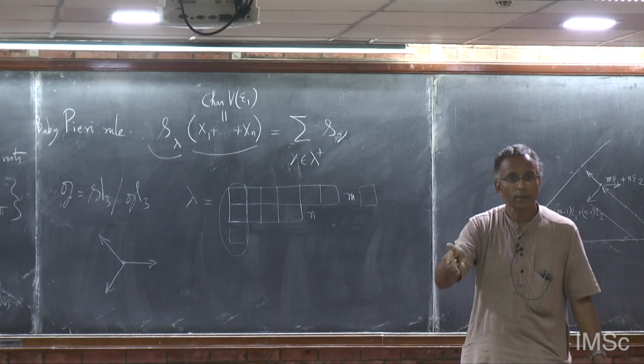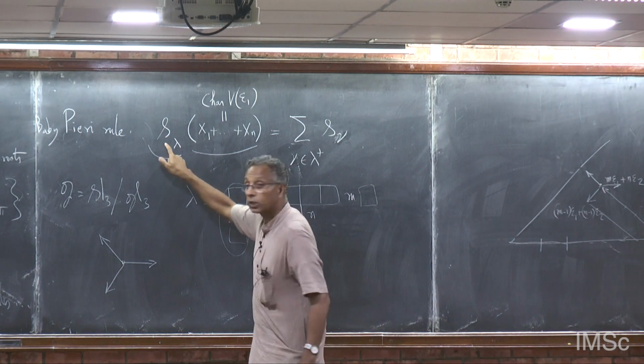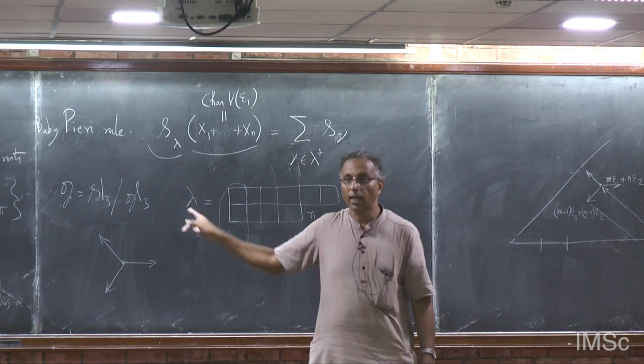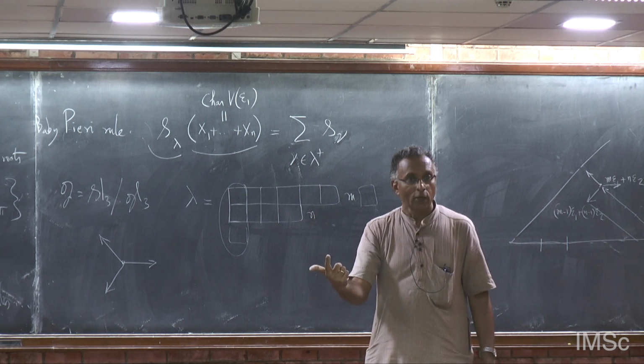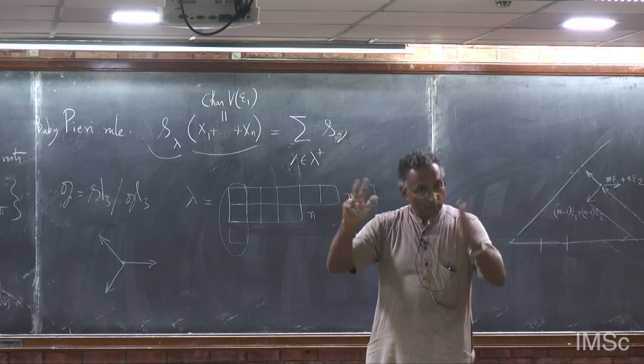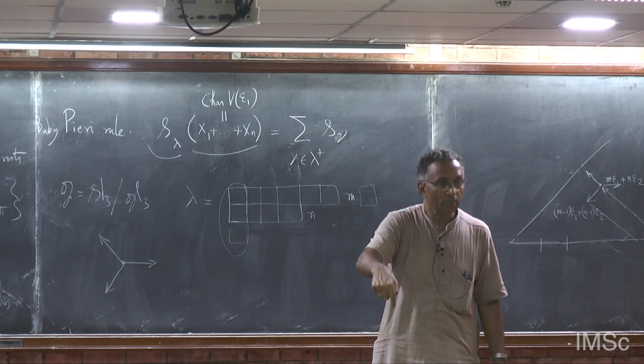So the degree of this polynomial is 1 more than the degree of S lambda, because I am multiplying it by a degree 1 polynomial. So all the shapes that I get must also have 1 more degree in them.